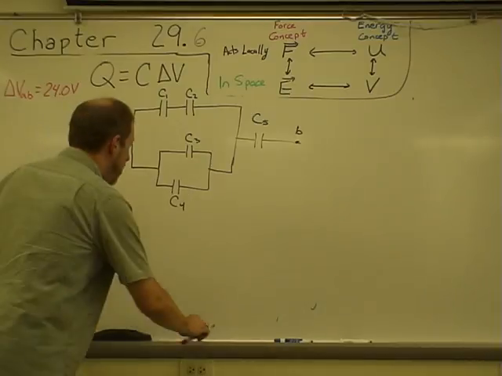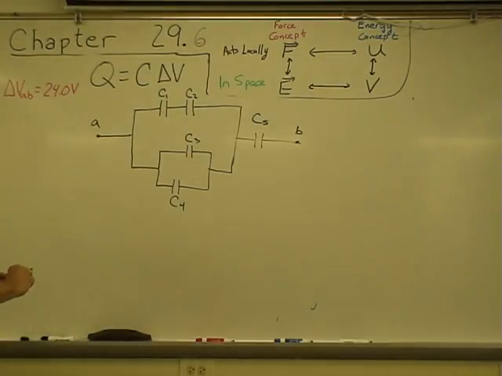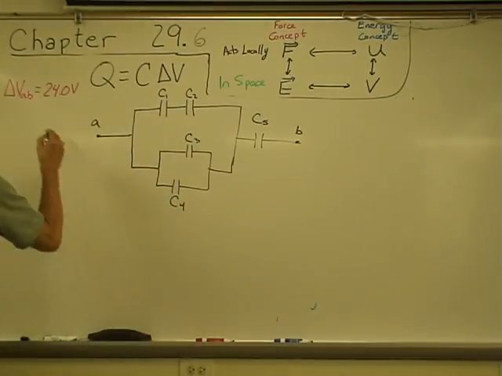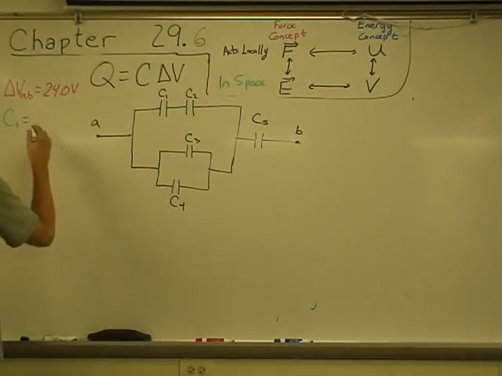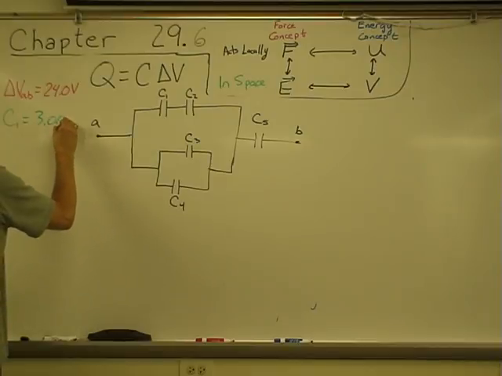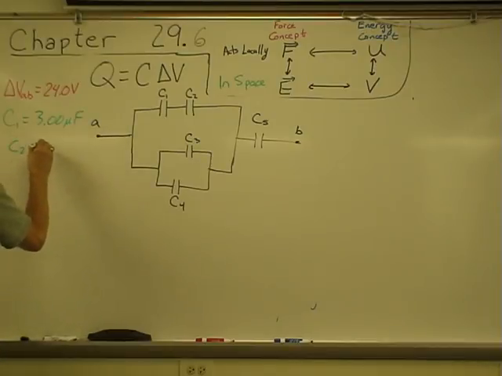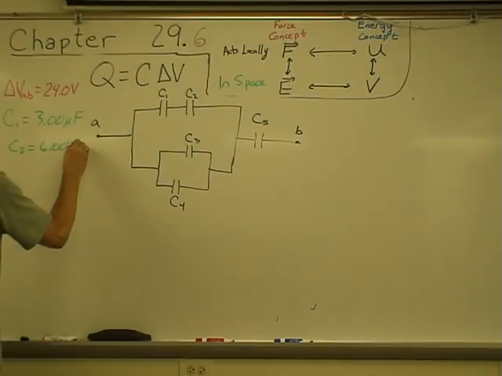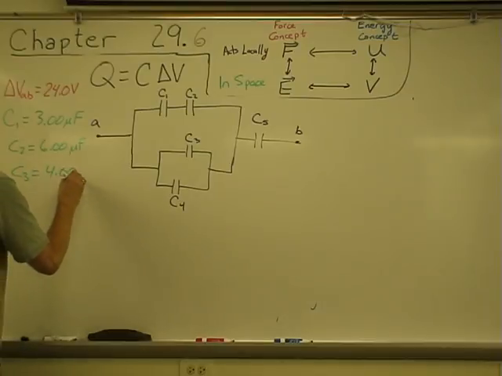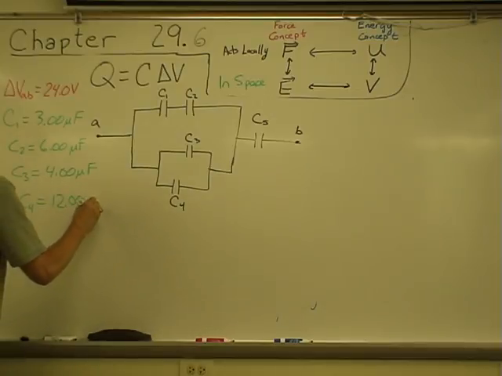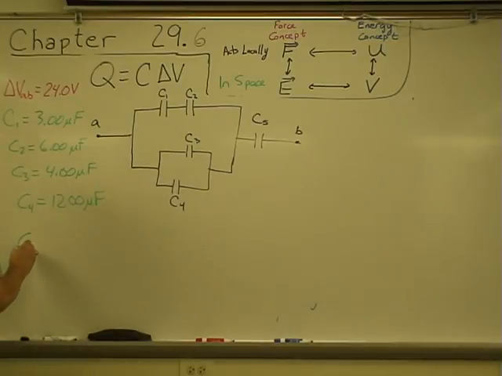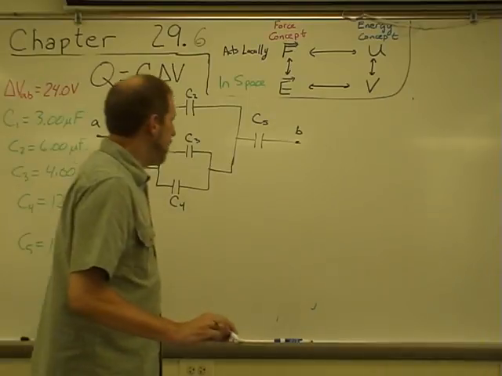Now, let's say that I've got C1 is equal to 3 microfarads, C2 is equal to 6 microfarads, C3 is equal to 4 microfarads, C4 is equal to 12 microfarads, and C5 is equal to 10 microfarads.